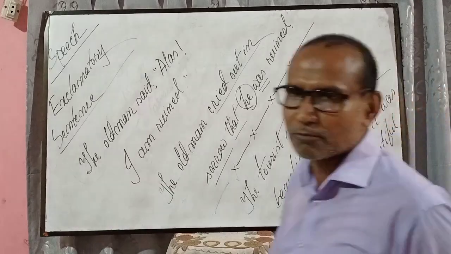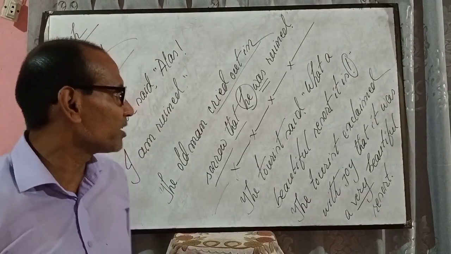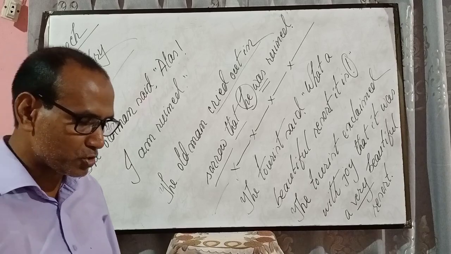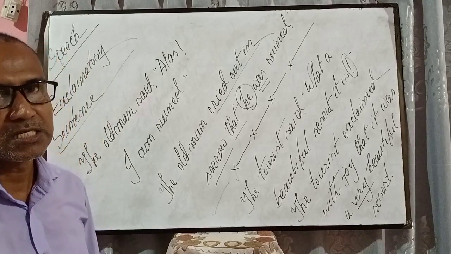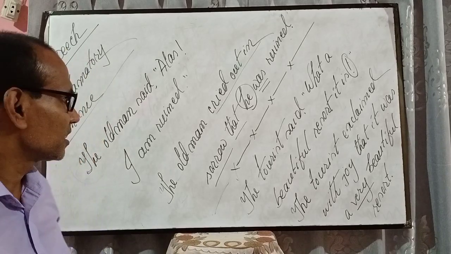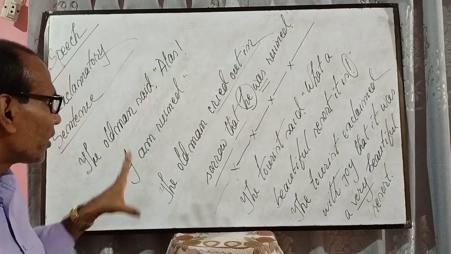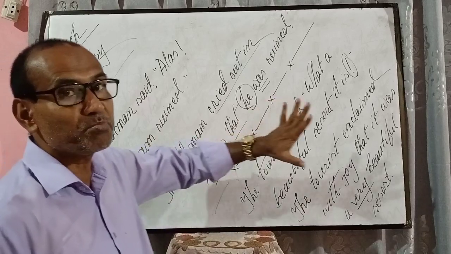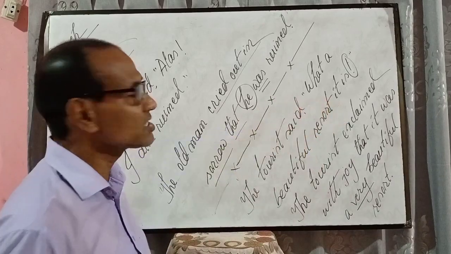So in the case of exclamatory sentences, how many changes will there be? First of all, the say verb, and then person, then tense, then sentence. These are mandatory changes. And one thing is very important here. According to the meaning of the reported speech, you have to change the reporting verb.